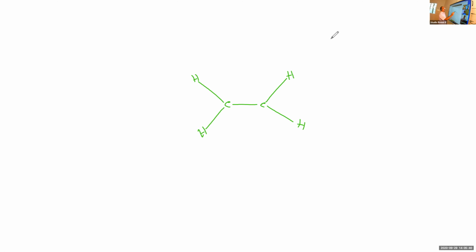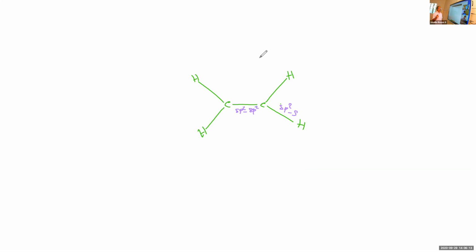The sigma bond between carbon and hydrogen is sp2 s overlap, while the sigma bond between carbon atoms is sp2 sp2 overlap.